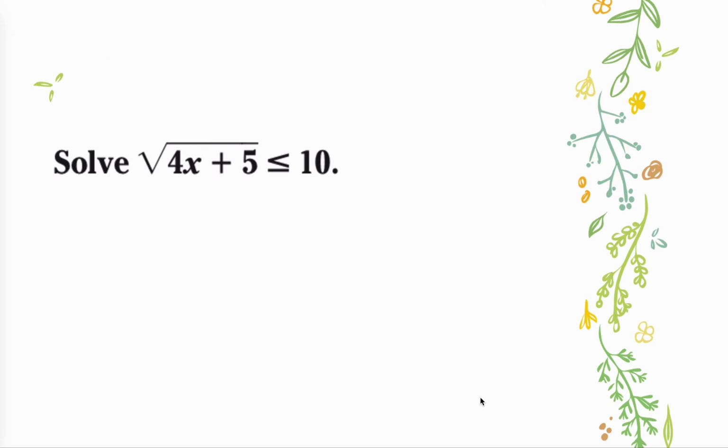We can do the inequalities the same way. So square both sides. 4x plus 5 is less than or equal to 100. Subtract 5: 4x is less than or equal to 95.